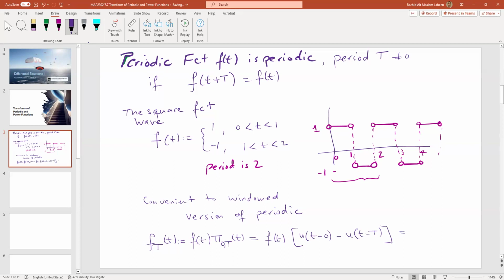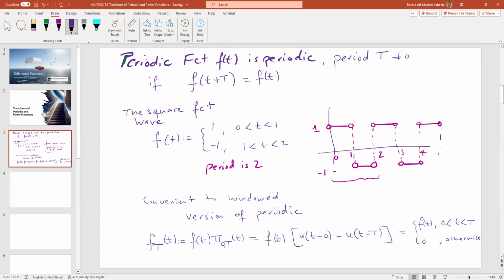And because of this, we can also, if we want, write it as a piecewise function. With the shift, showing the period here instead of 0 to 1, we can have f of t for t greater than 0 and less than capital T. And of course, otherwise it's 0.